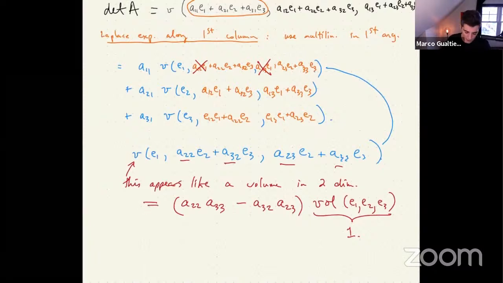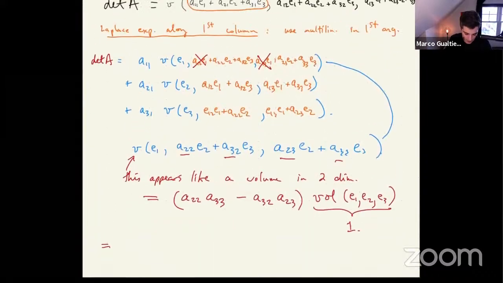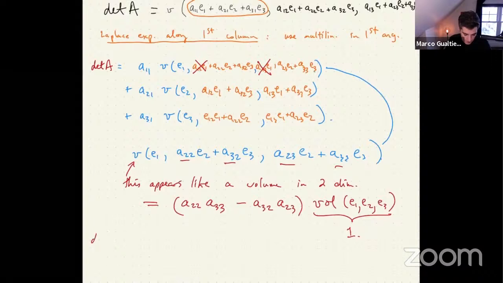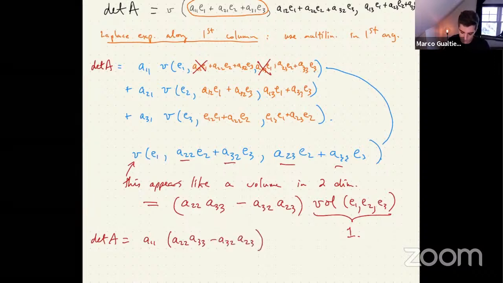Okay, so this means that what I get as a result of this, so let me write determinant A here, and what I get for determinant A is A11 times A22 A33 minus A32 A23 times the volume of E1 E2 E3.